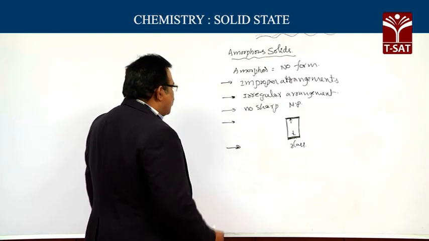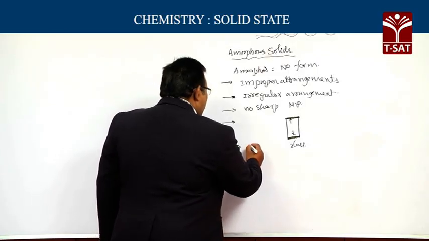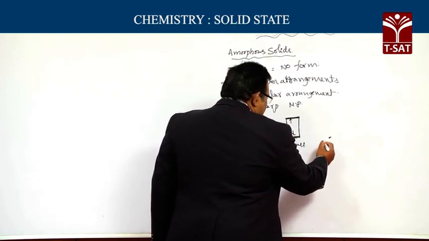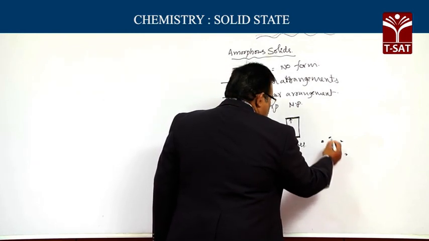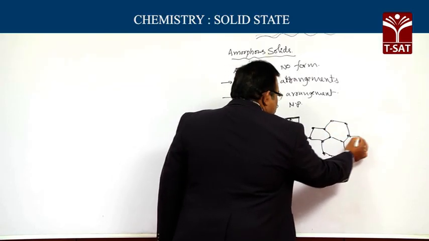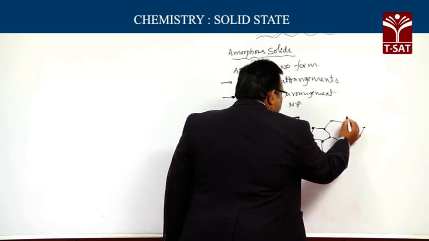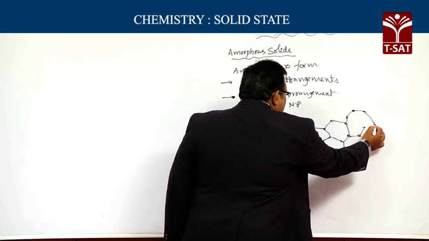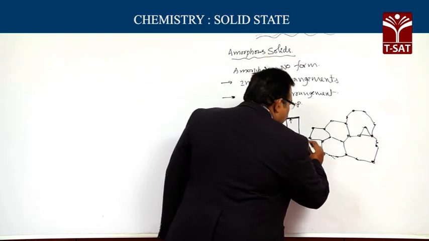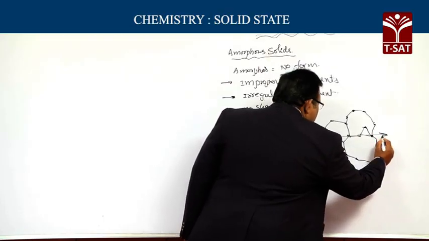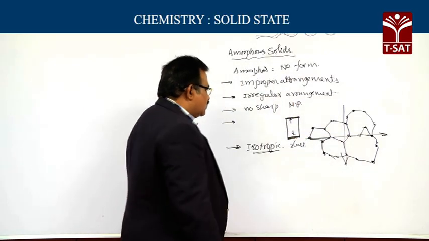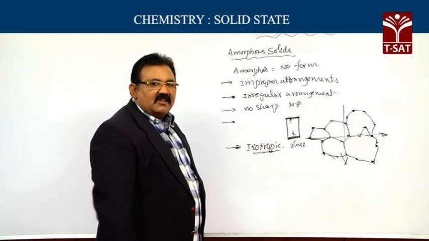And these amorphous solids are isotropic. Since they have an irregular pattern of arrangements, the physical properties such as conductivity and refractive index in this direction or in this direction would be the same, because the spheres are almost the same in all the directions.